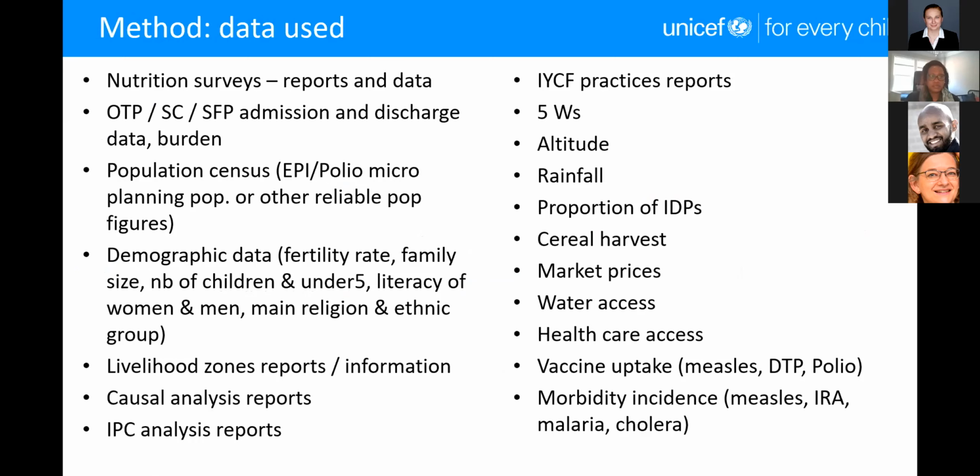So nutrition survey reports first, then whatever routine data that we could find, especially on admissions and discharges from nutrition programs, population census data, any demographic data, any data or information on livelihood zones, any data that already existed on causal analysis or any work that had been done on causal analysis of malnutrition, all IPC analysis reports, any IYCF, infant and young child feeding practice reports, the 5 Ws, who's working where, doing what, information on altitude, rainfall, IDPs, market prices, cereal prices, it's all listed there, and then more routine data, including vaccination uptake and morbidity incidents.